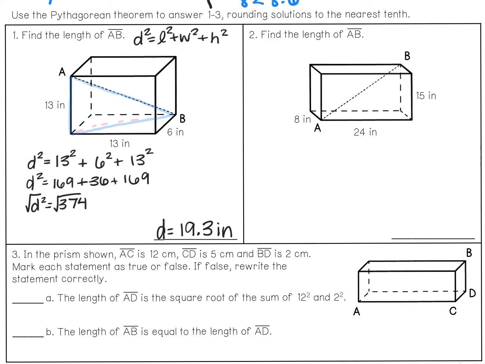All right, let's look at this second example. I've got my missing diagonal. Again, that formula is diagonal squared equals length squared plus width squared plus height squared.